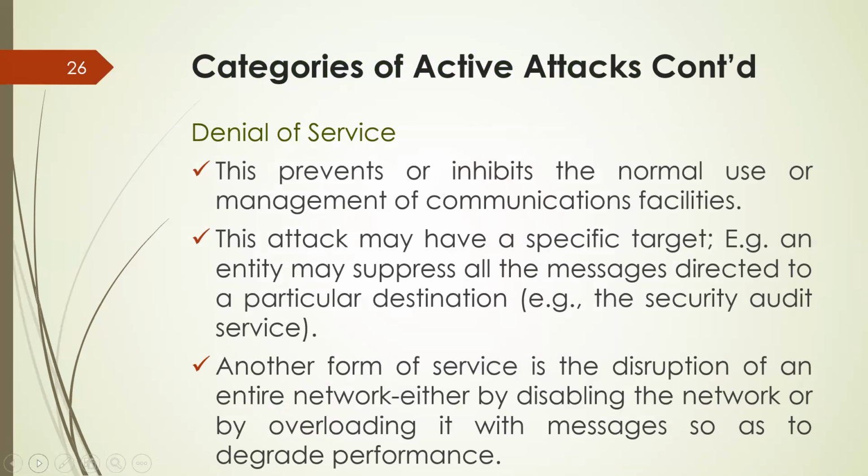The fourth one is denial of services. After one has logged in, now they decide to block you from totally accessing this information. This attack may have a specific target. For example, an entity may suppress all messages directed to a particular destination. And you block people from having access to their accounts.